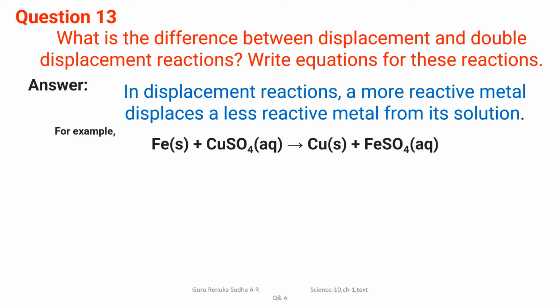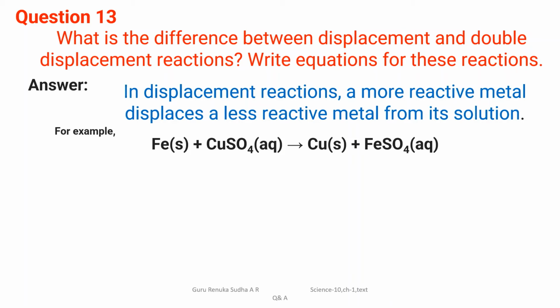See, copper gets separated from copper sulfate, which splits, and iron displaces the less reactive copper. That shows it is a single displacement reaction, where iron displaces copper from its solution.